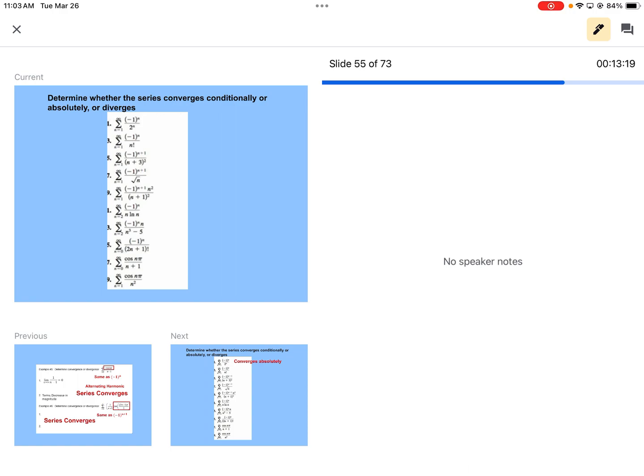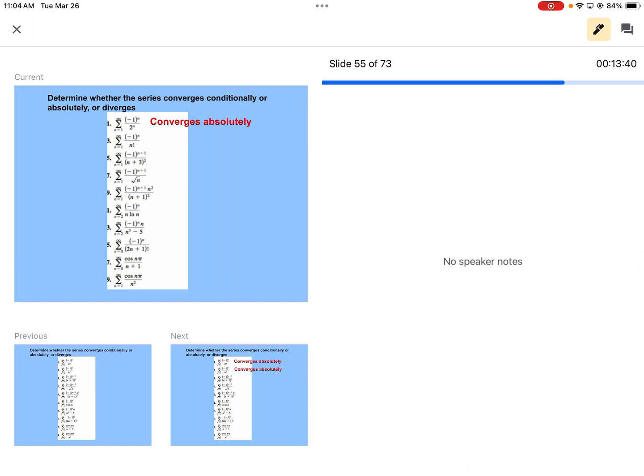What do I look at first on question 1? The 1 over 2 to the n. I ignore the alternating part. I look at 1 over 2 to the n. What do I know about 1 over 2 to the n? Converges. Therefore, what do I know then about question 1? Absolutely converges.